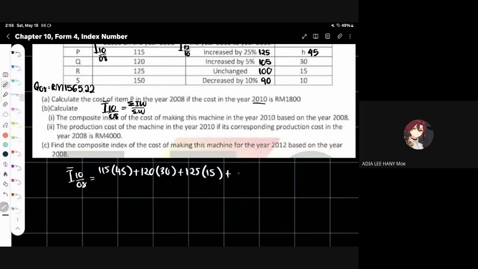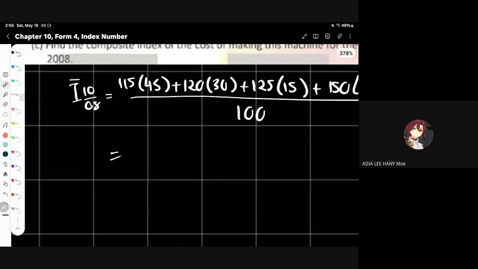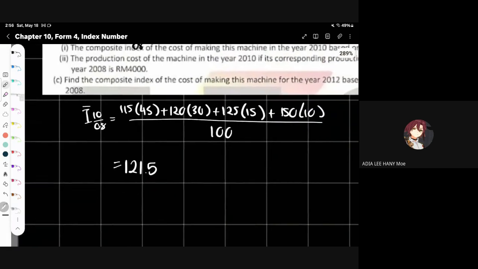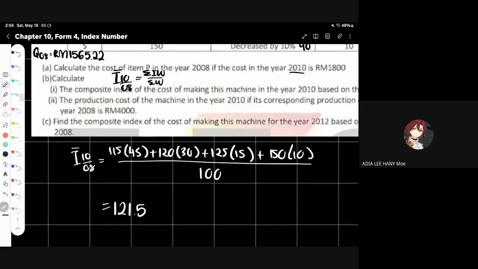Teacher doesn't accept you just answering immediately. You should get 121.5. You don't need to put the zero here because it's not money. And we already found the answer.